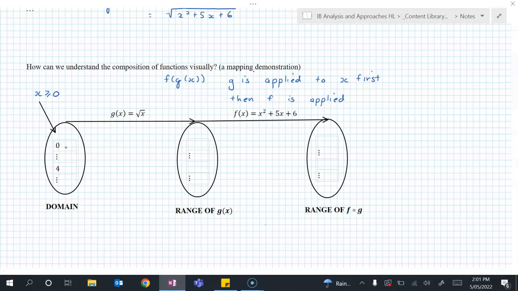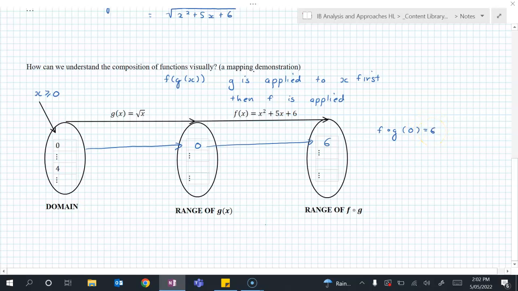Now when I get x equals 0, and I apply g to it, in other words I square root it, I get 0. Then if I substitute this value of 0 into f, I get 6. So f circle g of 0 is equal to 6.